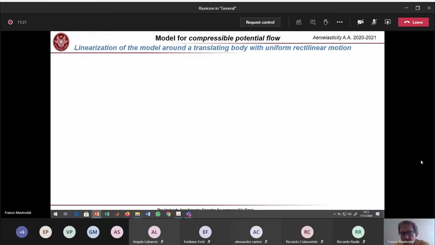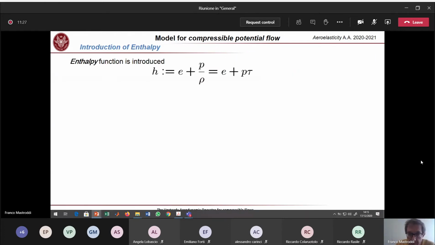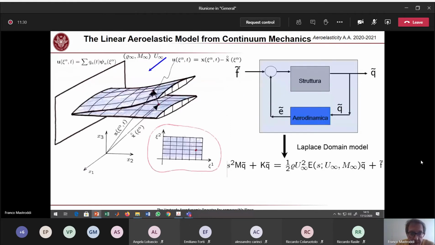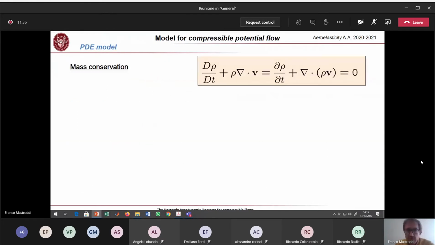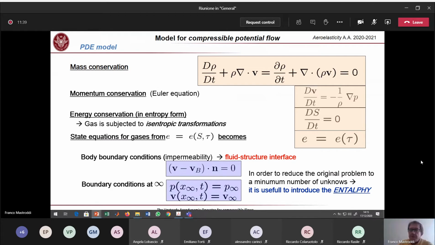compressible flow. Yesterday we concluded our discussion talking about compressibility, and essentially we consider our formulation as a formulation in terms of primitive variables, including density, the mass conservation, the Euler equation, so velocity and pressure, entropy, and internal energy as concerning the state equation for gases, and the included boundary conditions.